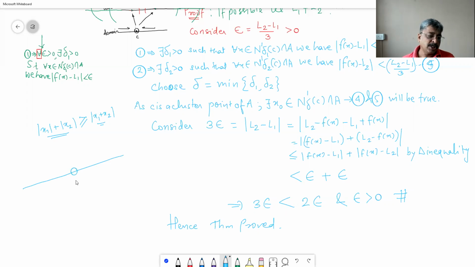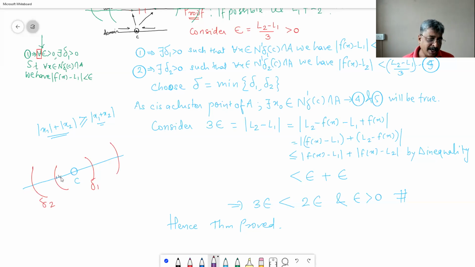This is a good question. Suppose your C is sitting here, and condition 1 implies delta 1. So 1 gives you, suppose, this neighborhood, which is called the delta 1 neighborhood. Condition 2 gives you the delta 2 neighborhood, which is, say, without loss of generality, suppose delta 2 is greater than this. Okay. Now you are going to write down something for these x.